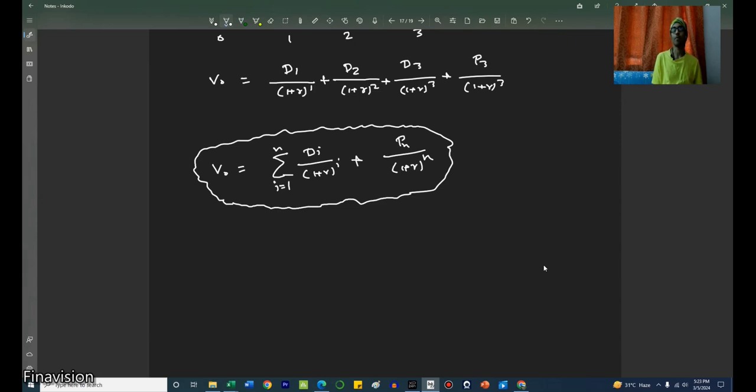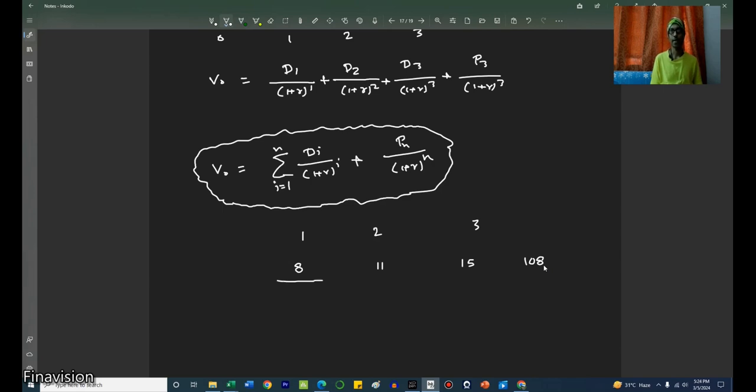Let's take an example of a three-year holding period and a certain amount of dividend. Let's say years 1, 2, 3. At year 1, you will be getting a dividend of $8. At year 2, a dividend of $11. At year 3, a dividend of $15, and your selling price will be, let's say, 108. Your required return, let's say, is 8%.